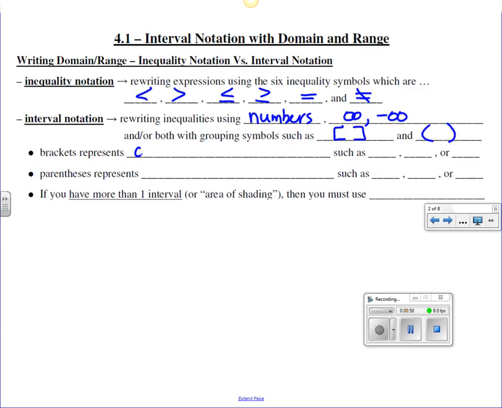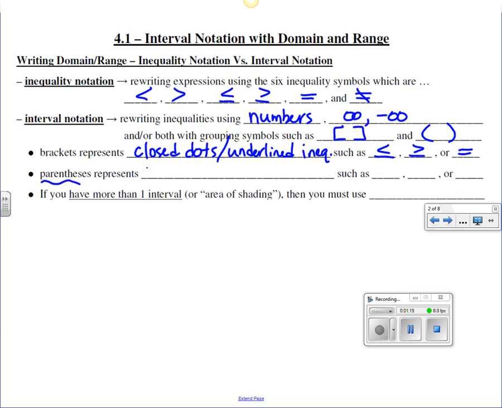Brackets represent closed dots on a number line or underlined inequalities. What do I mean by underlined inequalities? The less than or equal to, greater than or equal to, or equals.